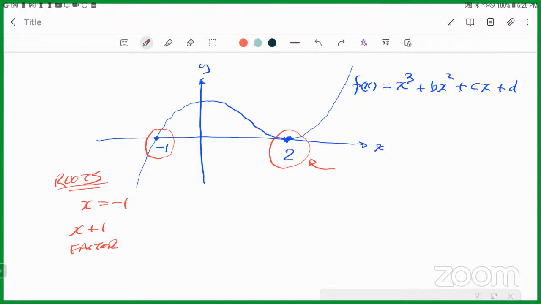So that point has two equal roots, x equals 2 and x equals 2. So there are two factors there, x minus 2, x minus 2. It's called a repeated root. And so those are repeated factors. So these become the three factors of that function.